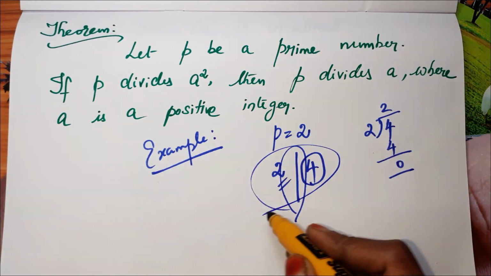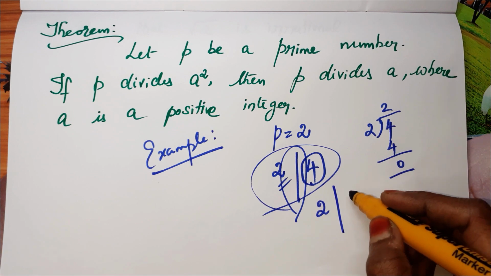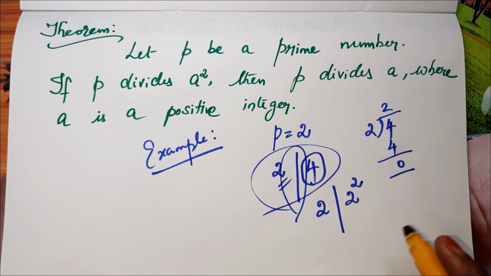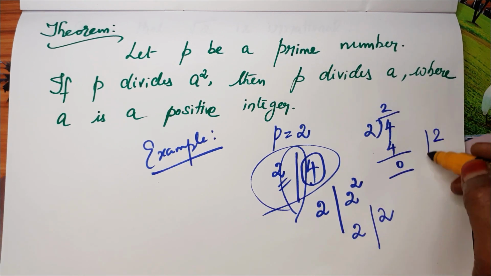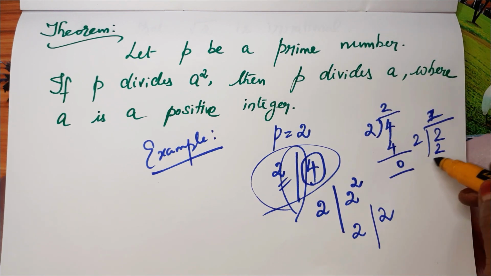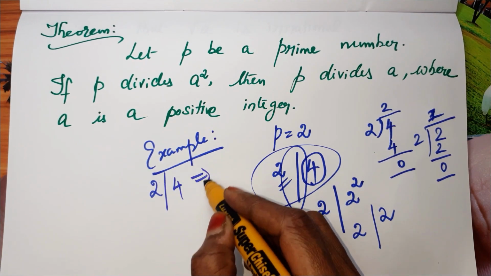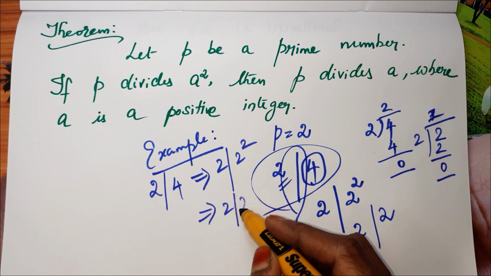So we can read this as 2 divides 4. That is, 4 can be written as 2 squared. 2 divides 2 squared. We also know that 2 divides 2, because when we divide 2 by 2, we take 1. 1 2 is 2, then 0. So 2 divides 4, that is actually 2 divides 2 squared, which implies 2 divides 2.